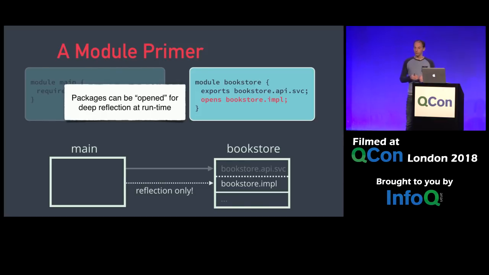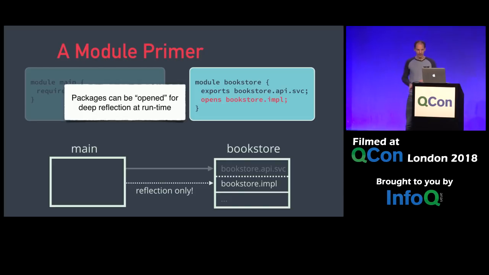For instance, if we're using Spring, Spring needs to reach into our implementation classes to instantiate them and to be able to inject them, maybe even into private fields of other classes. So Spring and Hibernate and all these other tools that make heavy use of reflection actually need access to the internal implementation details of your modules. Well, you could, of course, export the code in that case, but it doesn't really feel like a good solution because it would also mean that other parts of your application can now compile against these implementation classes, these implementation details. So we don't want that.